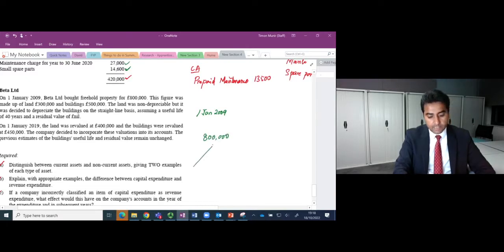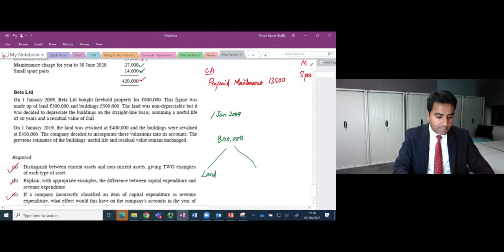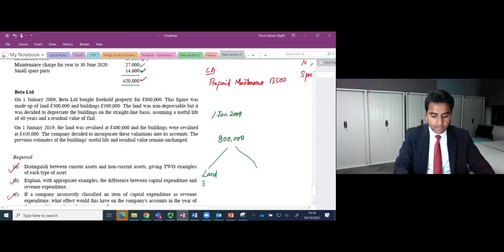This 800,000 is made up of land and building. And the value of land is £300,000. And the value of building is £500,000.